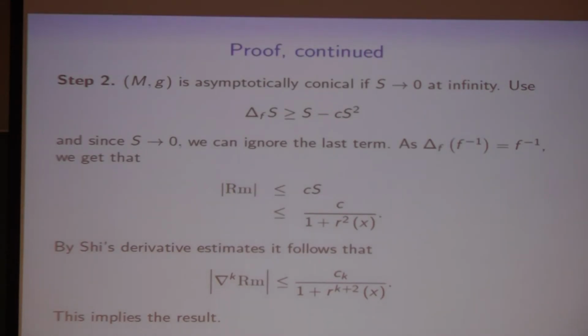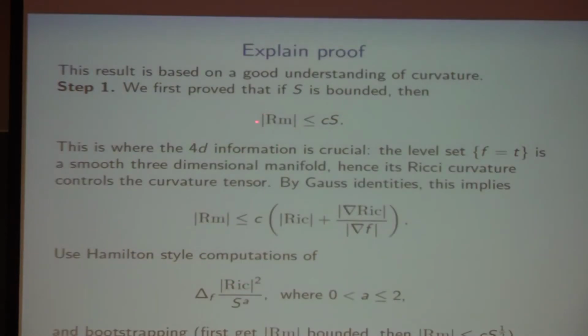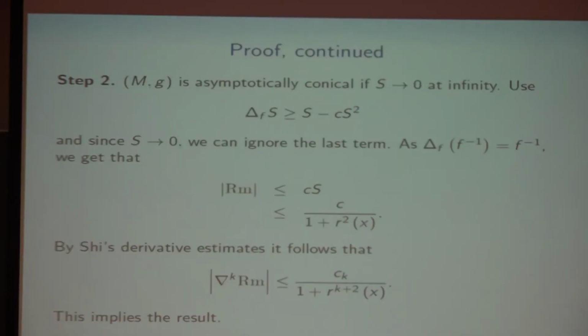It's not that this part is easy. If you don't know this result, it's not easy to see why, if scalar goes to 0, then the whole curvature tensor has to go to 0, and you have these estimates. That's not easy. So we tried, at some point, to prove this in any dimension.